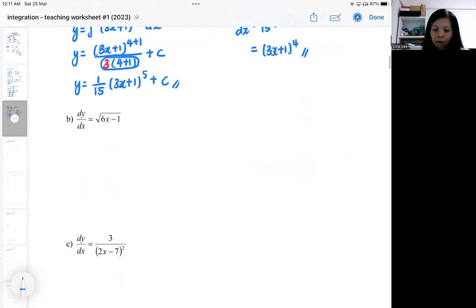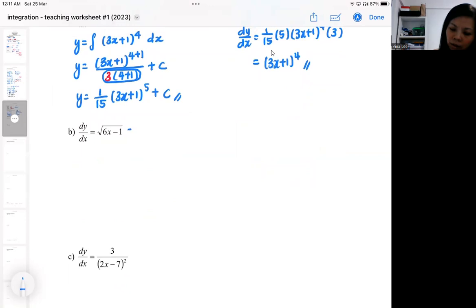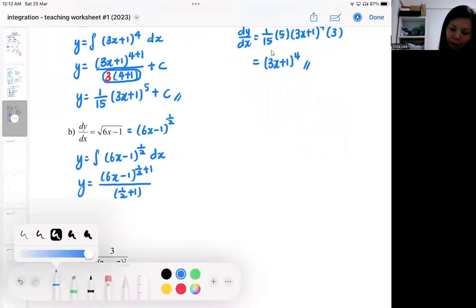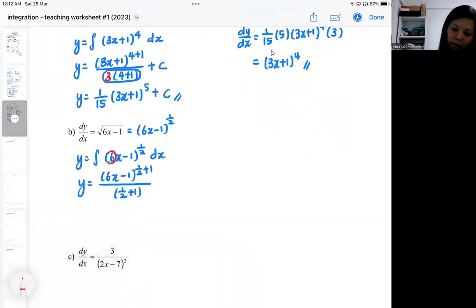Okay, in the next example, there's a bit of indices, which is square root of 6x minus 1. Back to the same indices rule. Square root is a half. So I'm going to integrate the one after I apply my indices. According to formula number 3, I shall return the power, I shall divide by the new power, and I'm going to divide by my A. So A is 6.